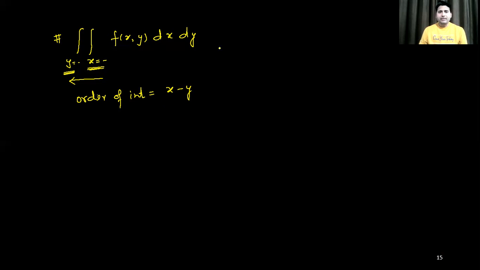In the same manner, suppose I am taking another integral, this time with the limit of y and then the limit of x, and inside we have a function of xy, dy dx. Once again, as we have discussed, integration is performed in the reverse manner. The latest limit is given for variable y, then the limit for x.